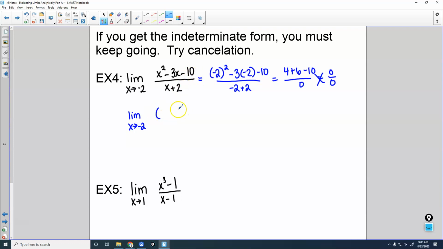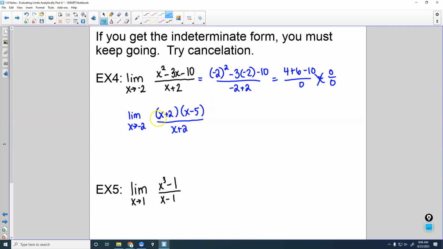Okay, so when we factor, because we are expert mathematicians, we need something to multiply to give us x squared. That's x and x. Need something to multiply to give us negative 10, but add or subtract to give us negative 3. What number should I use? Positive 2 and negative 5.